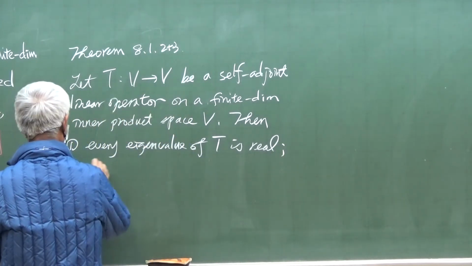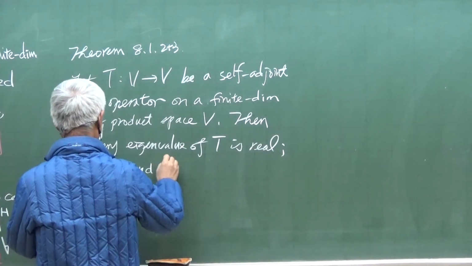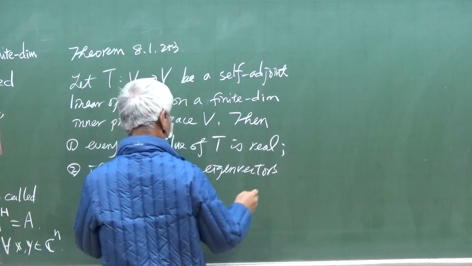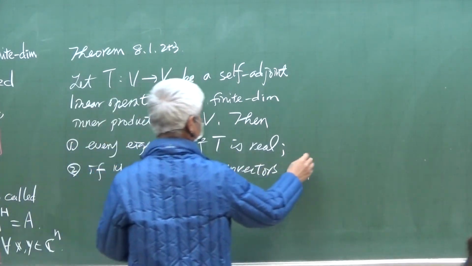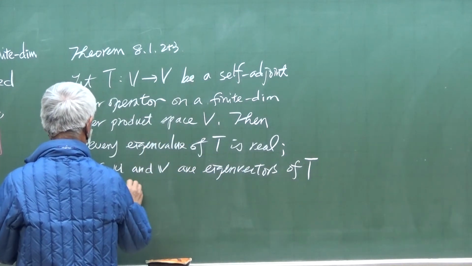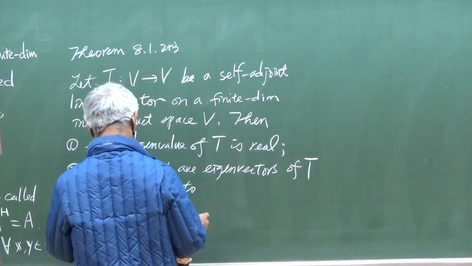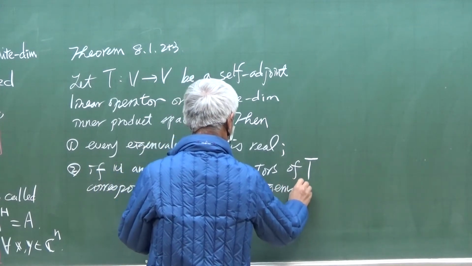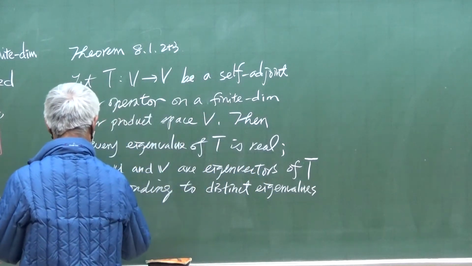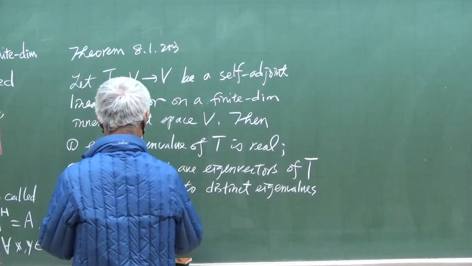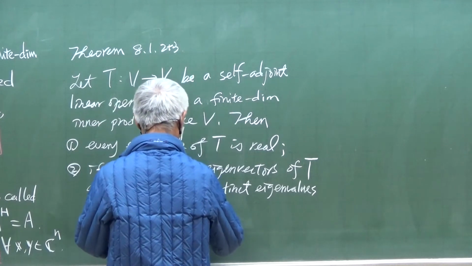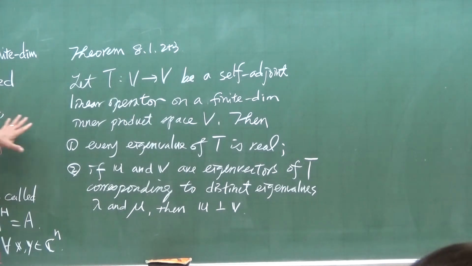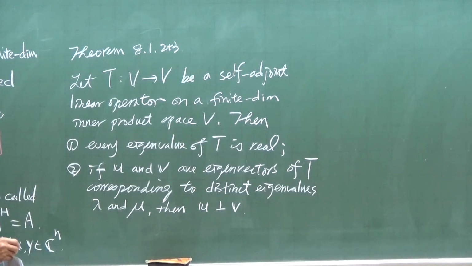Second, if u and v are eigenvectors of T corresponding to distinct eigenvalues lambda and mu, then you find out this. Okay, so we have two consequences for any self-adjoint linear operator on a finite dimensional inner product space.